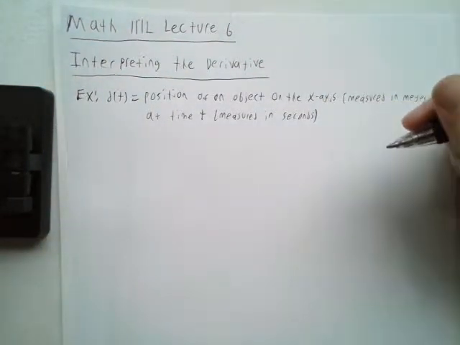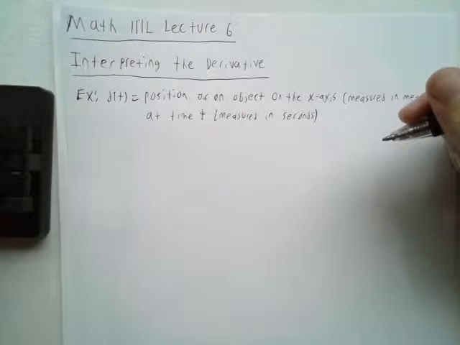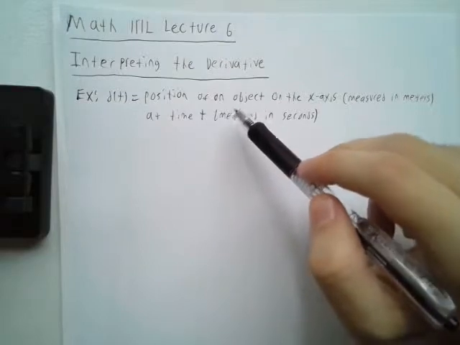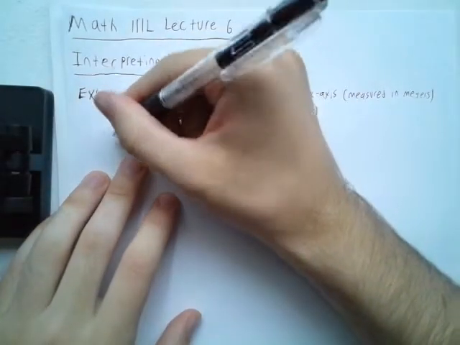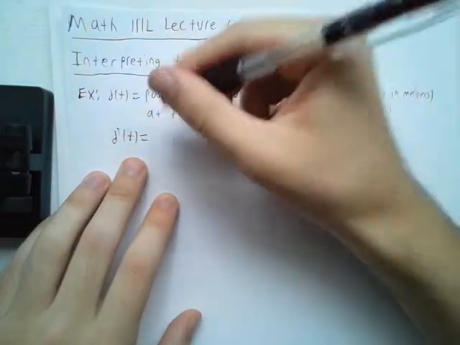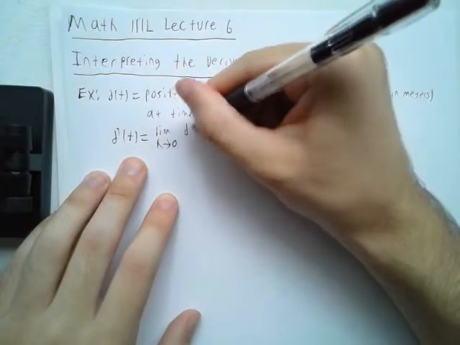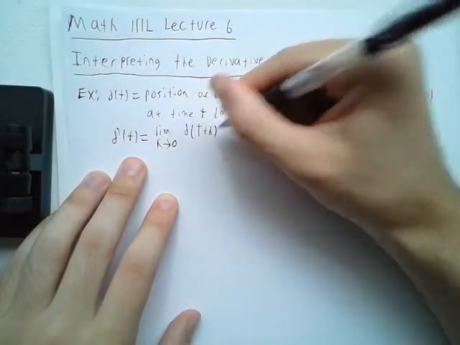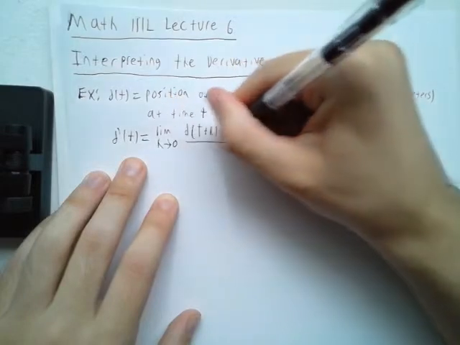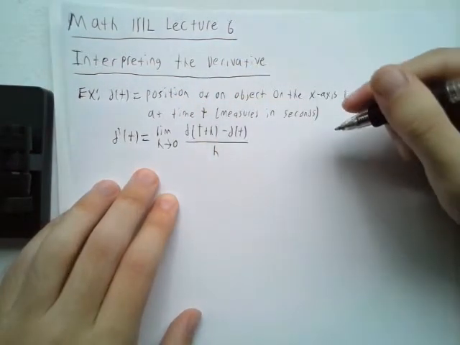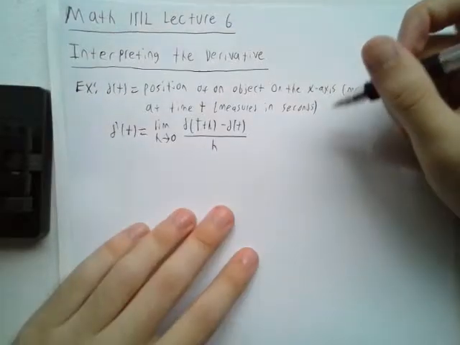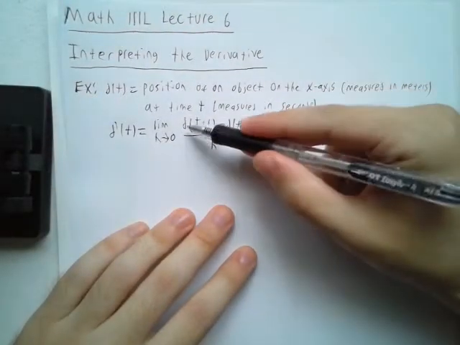So we've already said that d prime of t represents the instantaneous velocity of this object at time t, and we have a definition for that. d prime of t is equal to the limit as h goes to 0 of d of t plus h minus d of t divided by h. And so what I'd like to point out here is that in the numerator we only have things relating to d of t.